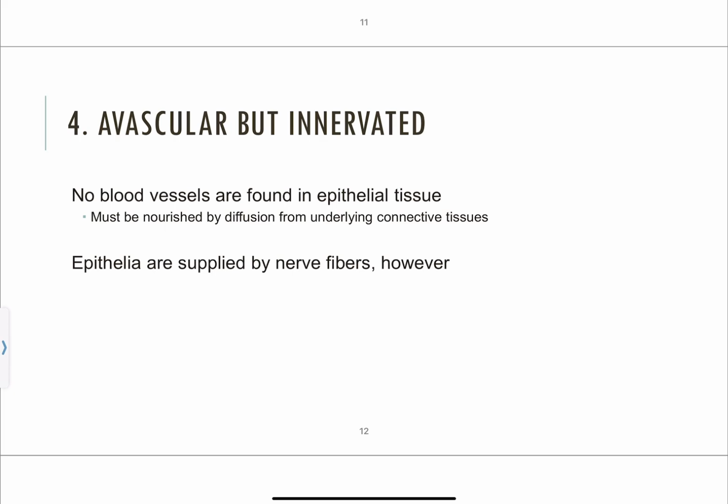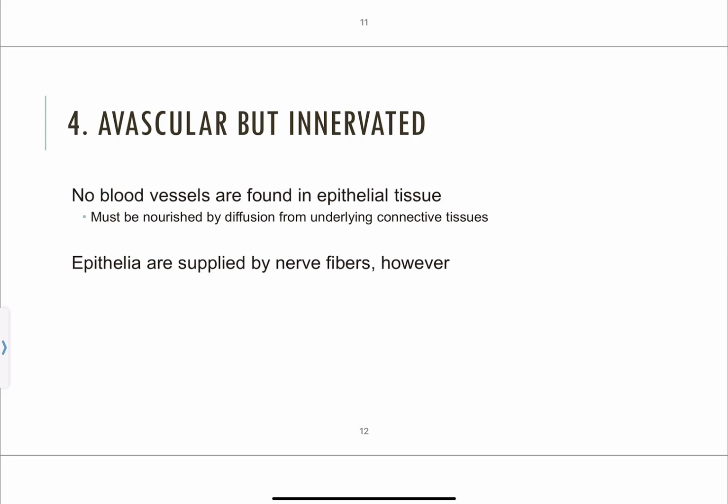Another thing to help you remember about it being avascular, if you're thinking about your skin being epithelial tissue, if you cut yourself, and we'll talk more about this in the integumentary system, like say a small paper cut, sometimes you don't bleed. The reason you don't bleed when you get that paper cut is because we don't have a blood supply in that stratified squamous epithelia.